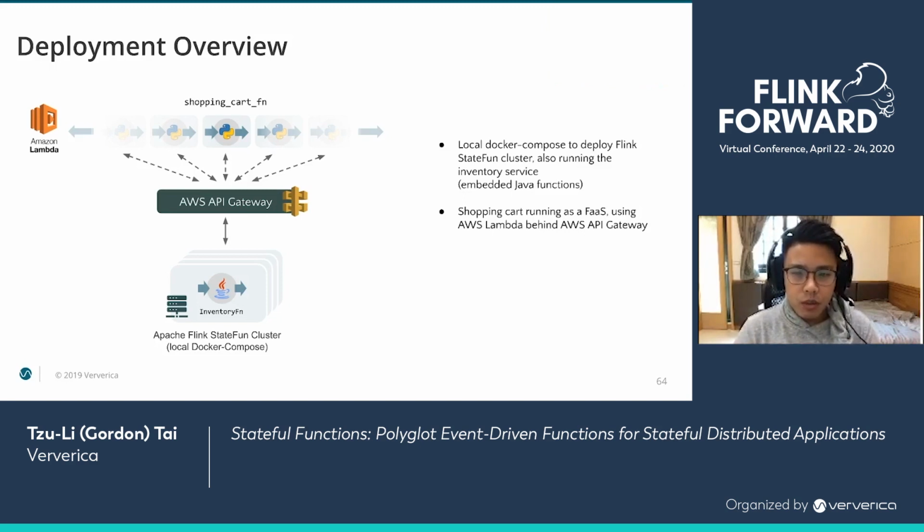If you're not familiar with AWS Lambda, it is essentially a functions as a service, having all the serverless benefits, such as rapid scaling, scale to zero, and zero downtime upgrades of the functions, which we'll see shortly.